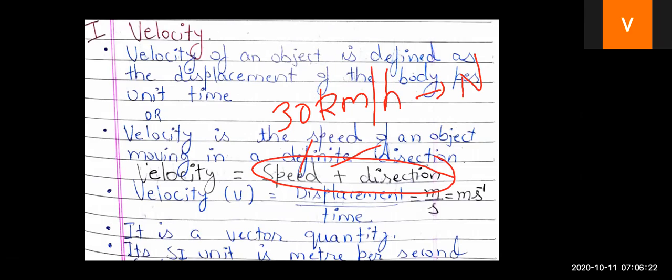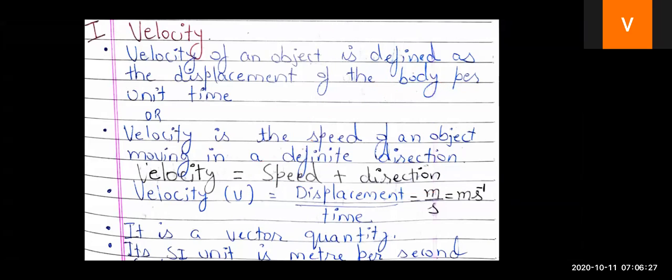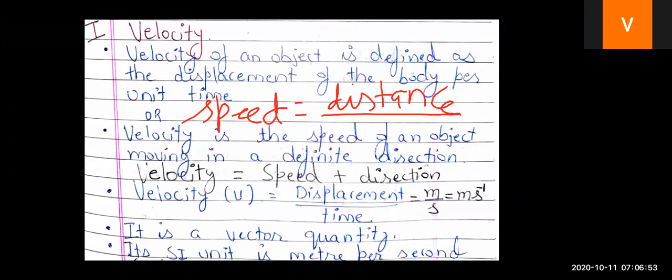So velocity is speed along with the direction, right, children? So velocity is defined as speed of an object moving in a definite direction. Okay, children, so this is your definition for velocity. Now, as we know, speed equals distance upon time, and speed is a scalar quantity, right, children?